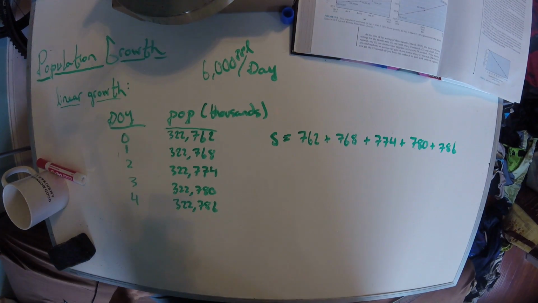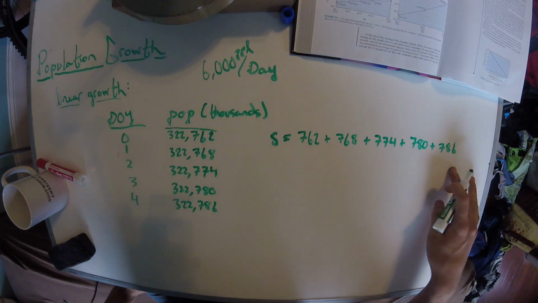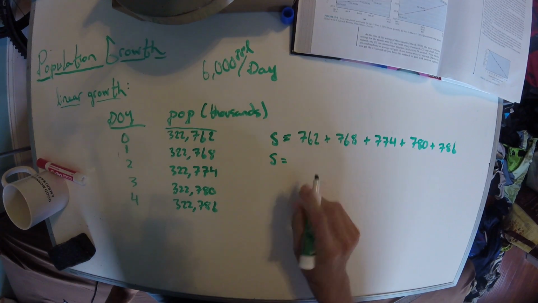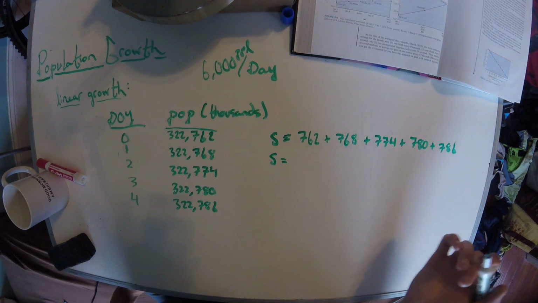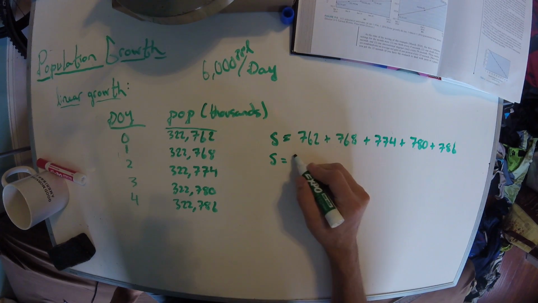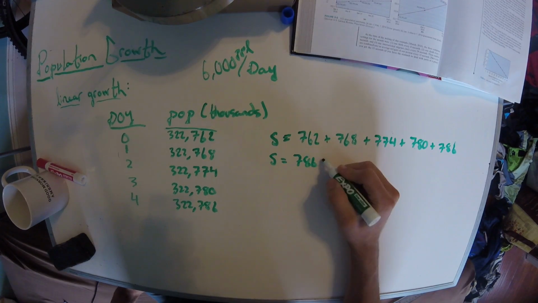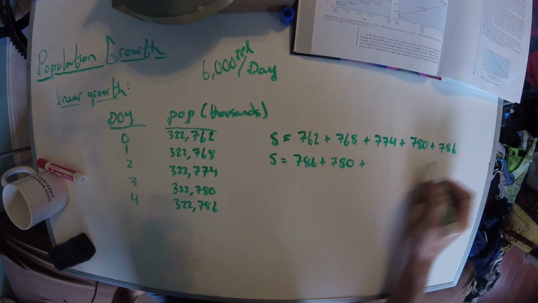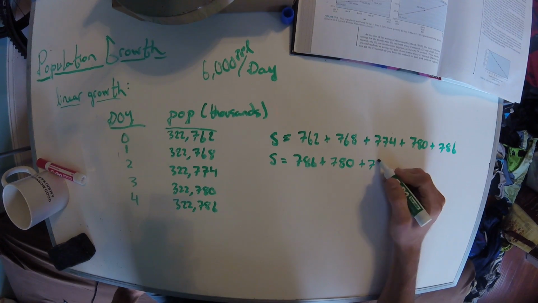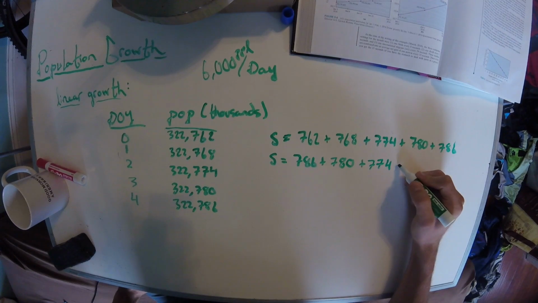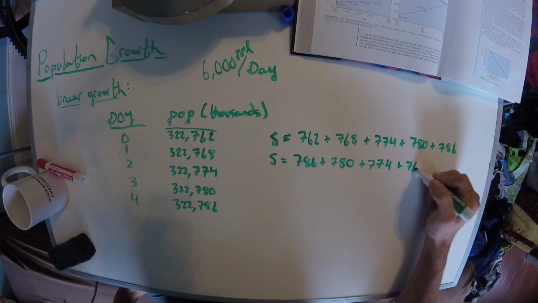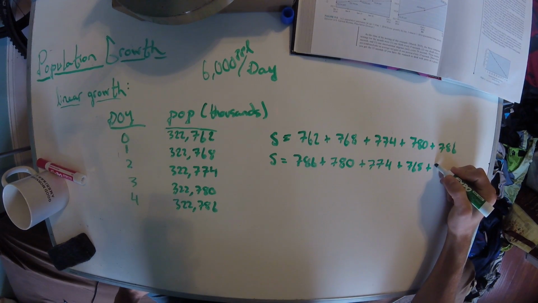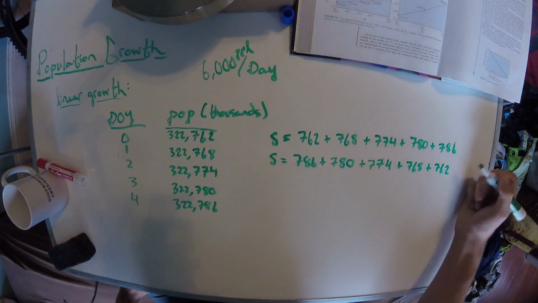And again, like I mentioned, we can just do this, but there's a trick that I want to demonstrate here. And to do that, I'm going to rewrite this sum in the backwards order. So S equals, once again, this will be the exact same sum, but I'll say it's equal to 786 plus 780 plus 774 plus 768 plus 762.